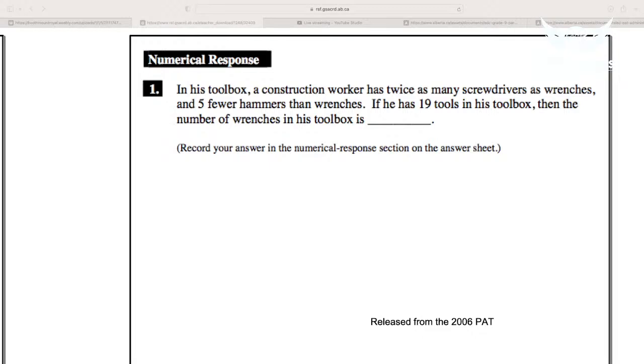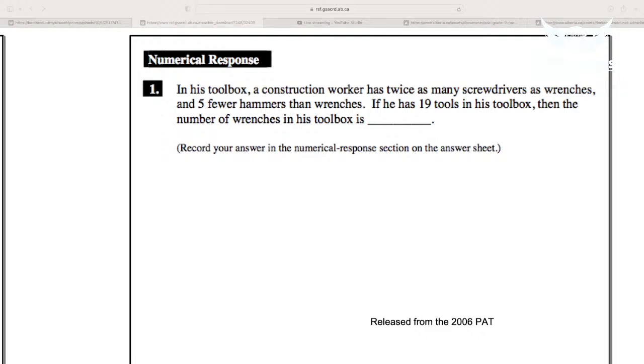Okay, and if we add all these tools, we'll get the total number of tools, which equals 19. Now we need to open brackets and combine like terms. We have a plus in front of the brackets, so signs inside brackets don't change.